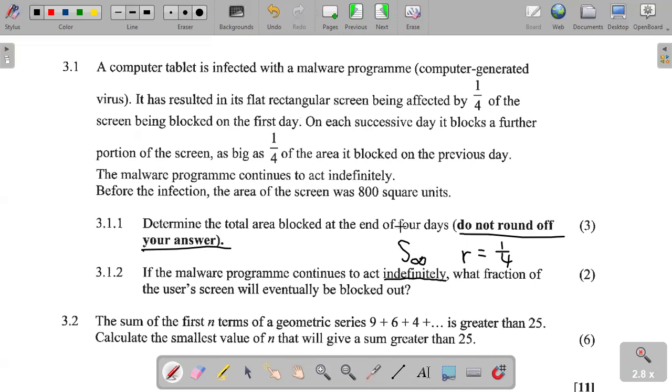So then we must look for the sum to infinity of 3.1.2.